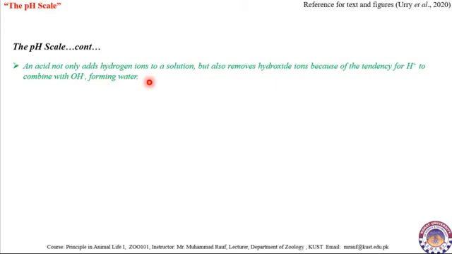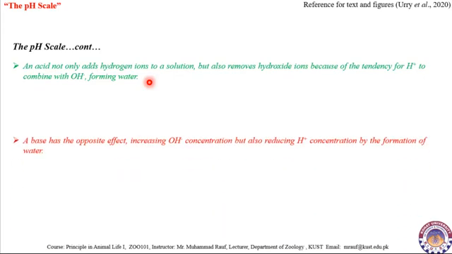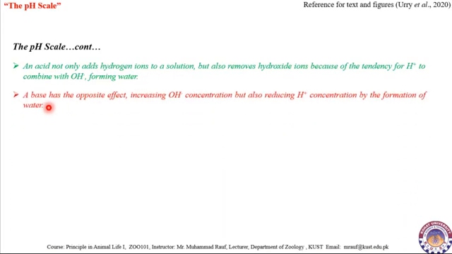So we have already discussed that an acid either directly increases the concentration of hydrogen ions or indirectly increases it by decreasing the concentration of hydroxyl ions. A base has the opposite effect, increasing the concentration of hydroxyl ions or reducing the concentration of hydrogen ions.